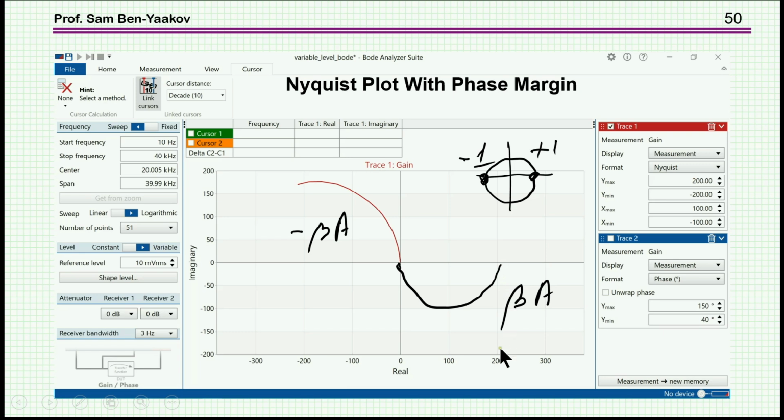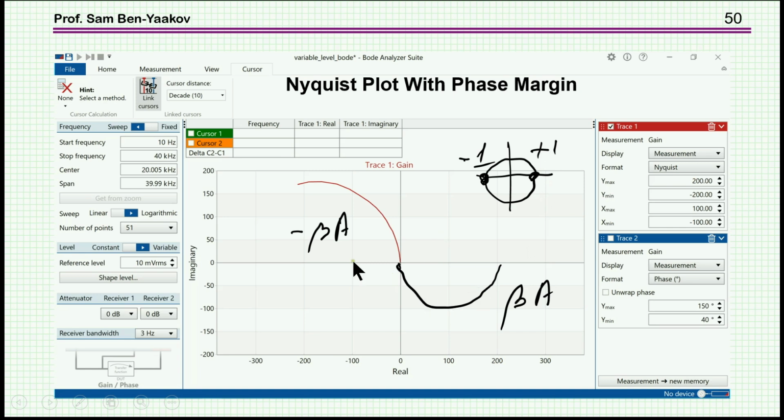At 0 frequency it's a positive number, and usually it has a 0 phase shift, and then as the frequency goes up, the gain decreases, and you get the phase shift. Eventually you go to where we don't see here, the resolution is not sufficient to see the unit circle, and then we look whether we do encircle the -1. Here it goes the other way around, so we're talking about encircling the +1 clockwise and not anti-clockwise.